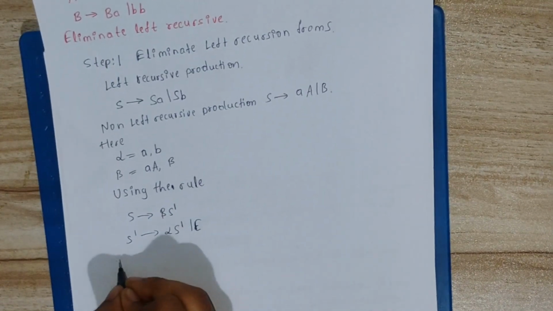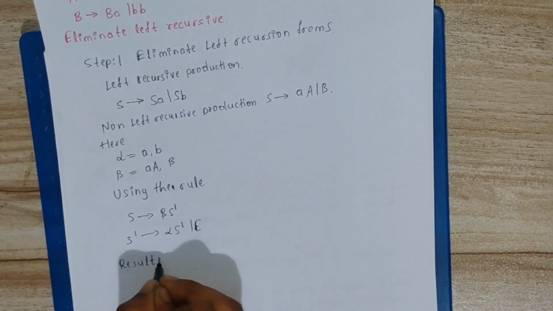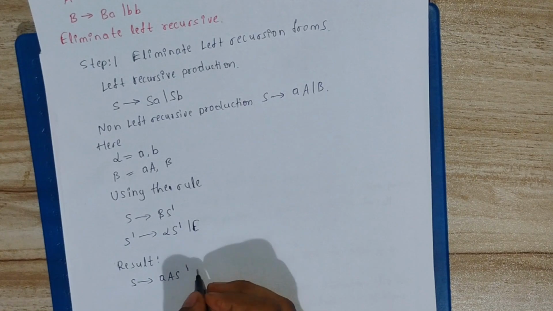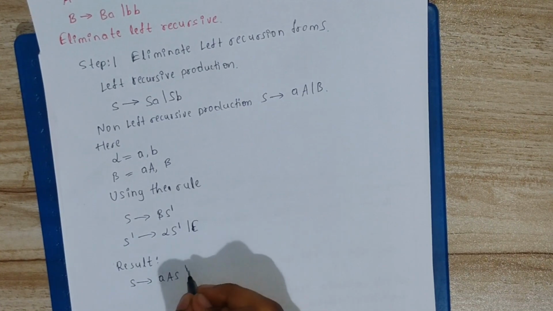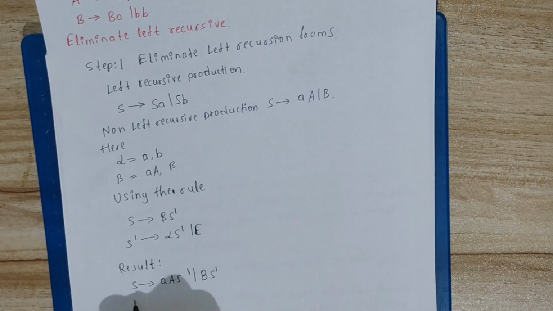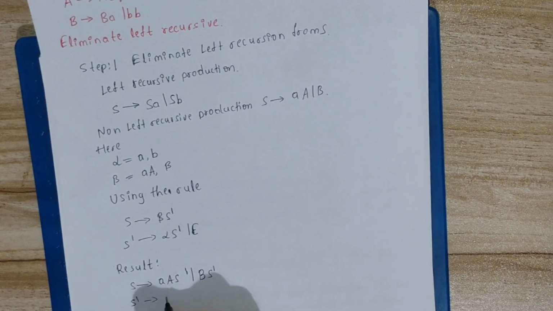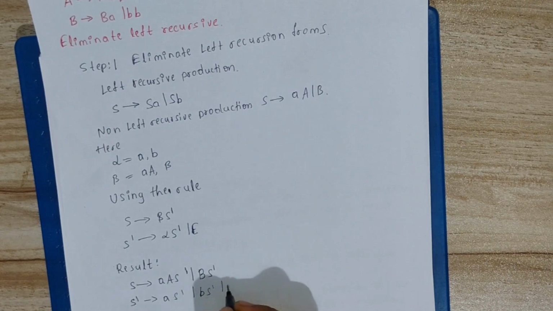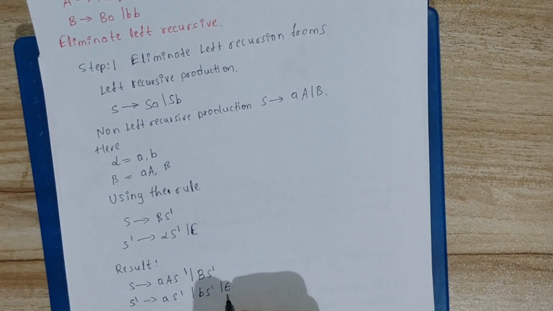So the result is S implies AA S dash slash B S dash, S dash implies A S dash B S dash epsilon.